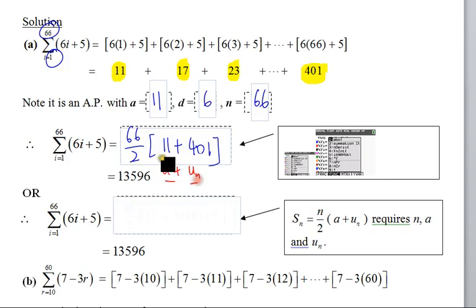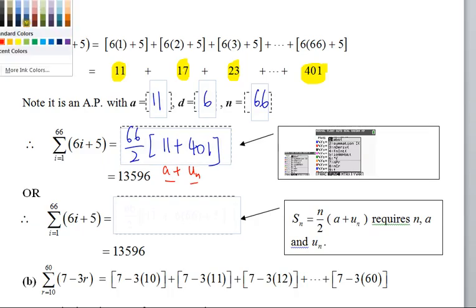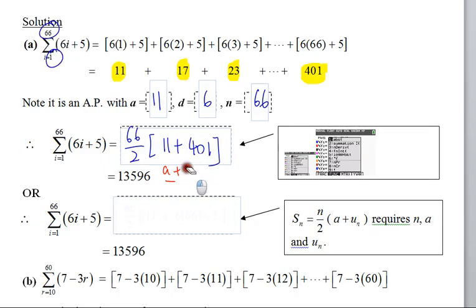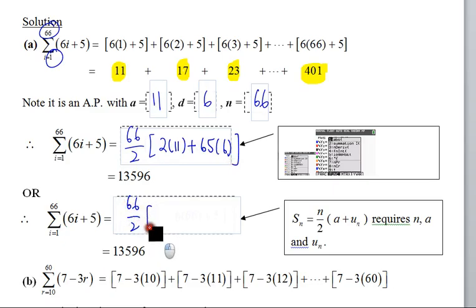This is your formula, a plus un. Alternatively, what I meant was this: you could have used Sn equals 2a plus 65 times 6, or 66 over 2, 11 plus 401.